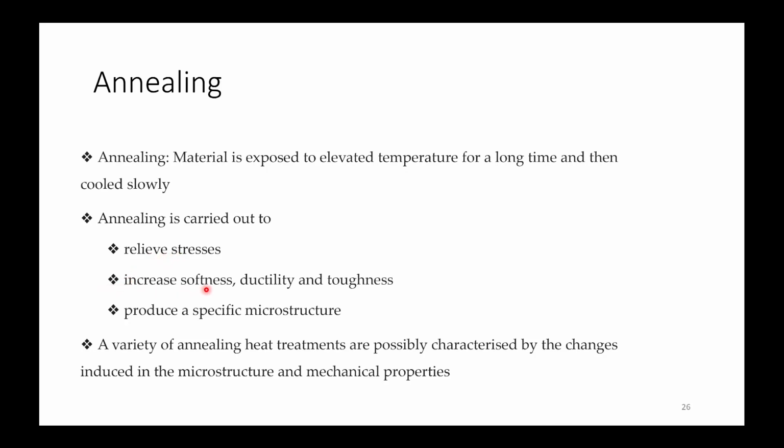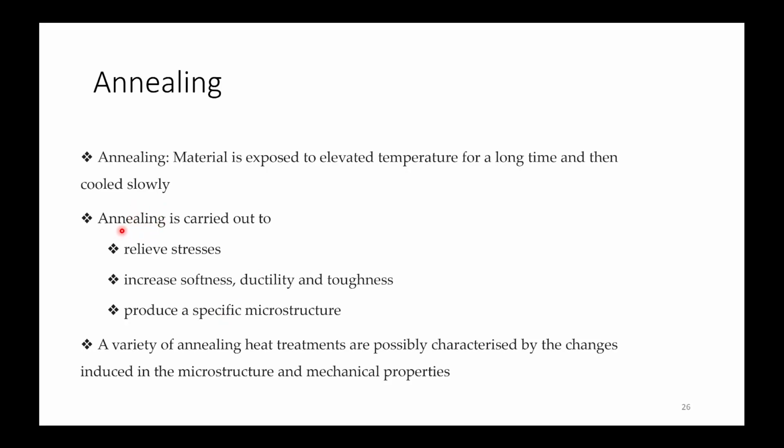Second is increased softness, ductility and toughness. After annealing, you will be getting coarse pearlite, so that material will show higher ductility and toughness. It also produces a specific microstructure if you want to convert to a certain microstructure, and then you will be using annealing.